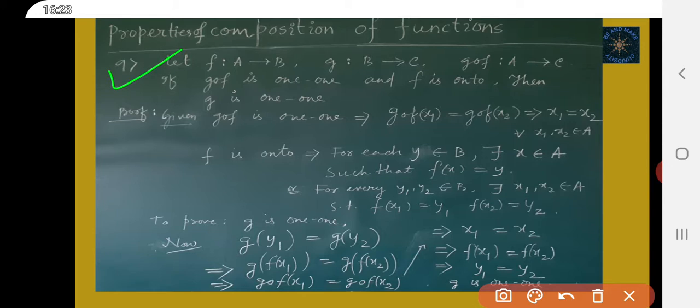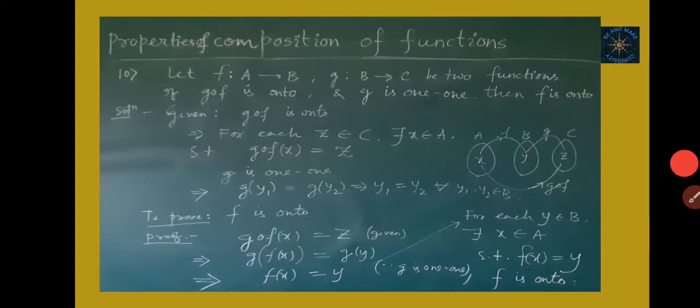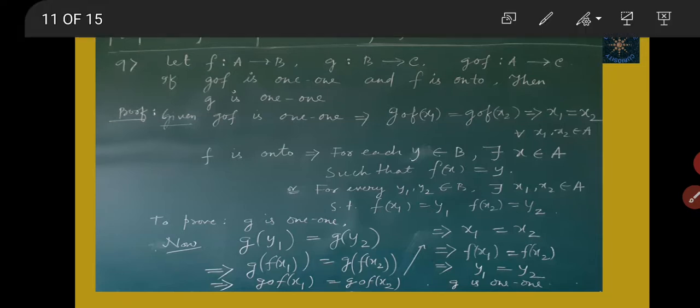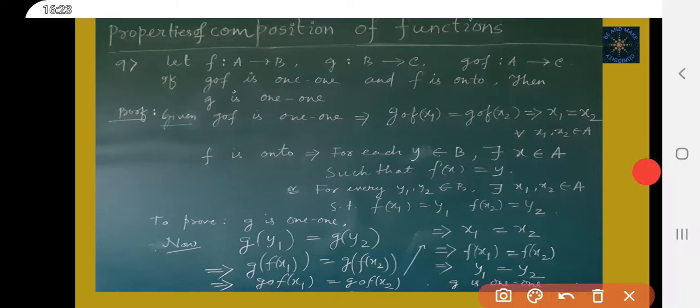Next. Now come to properties 9. Let f mapping from A to B and g mapping from B to C, and g∘f mapping from A to C. If g∘f is 1-1 and f is onto, then g is 1-1.